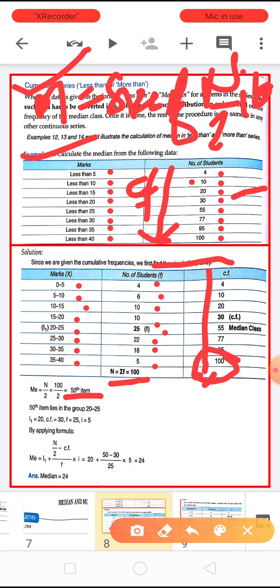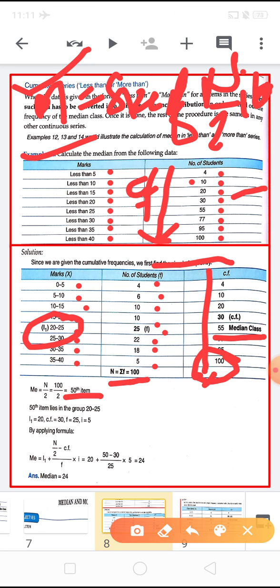Children, while observing the cumulative frequencies, we observe that this 50th item lies in the class interval of 55, which is considered as a median class, and just in front of that is your class interval, which is 20 to 25, and the frequency is 25 here, and we need to take the preceding class interval cumulative frequency, which is 30.